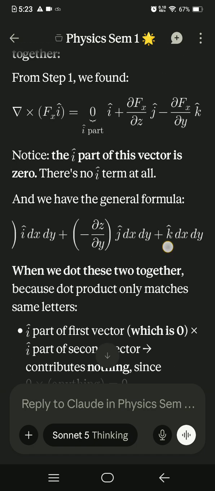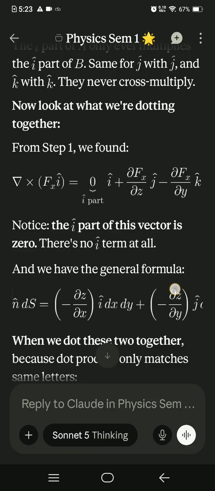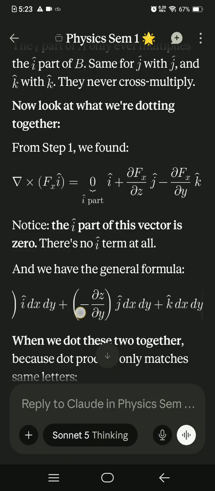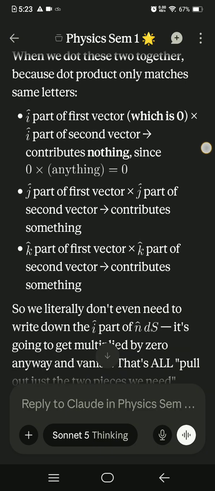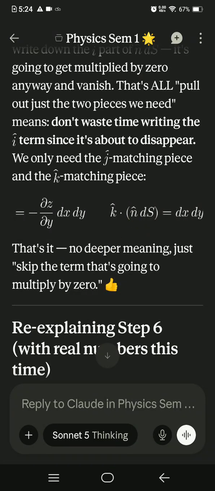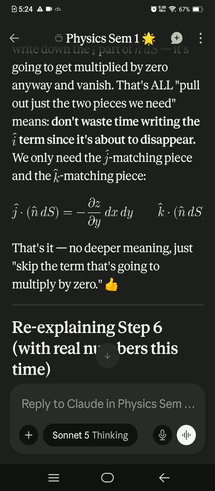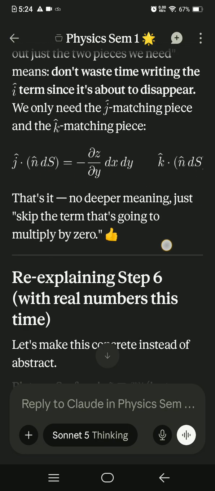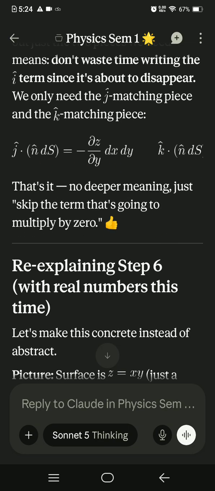What is going on? NDS equal to both of these. Then how does NDS become equal to this and this separately? I don't even know what I'm trying to ask, but I don't know what the math is going on in there.